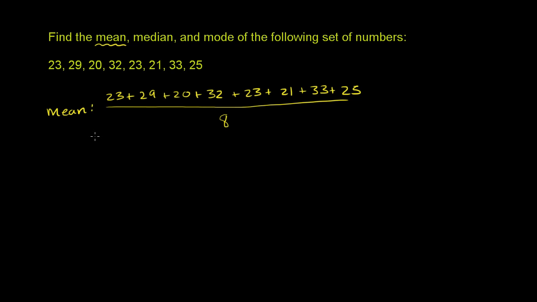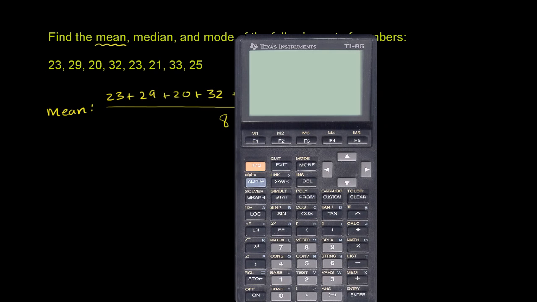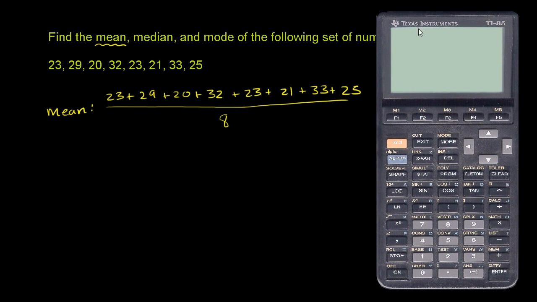So let's figure out what that actually is. Actually, I'll just get the calculator out for this part. I could do it by hand, but let's save some time over here. So we have 23 plus 29 plus 20 plus 32 plus 23 plus 21 plus 33 plus 25.